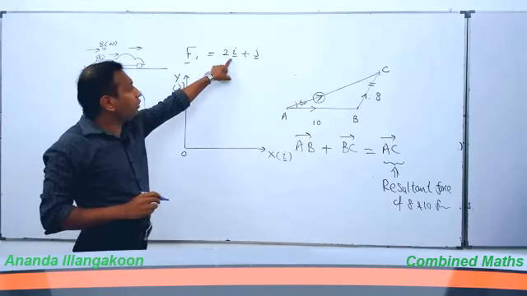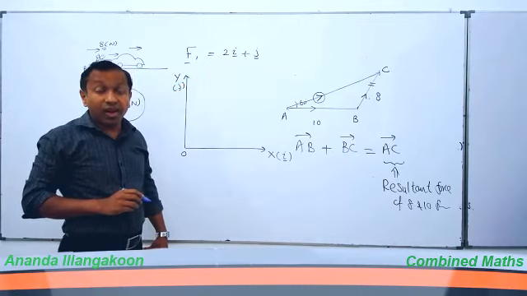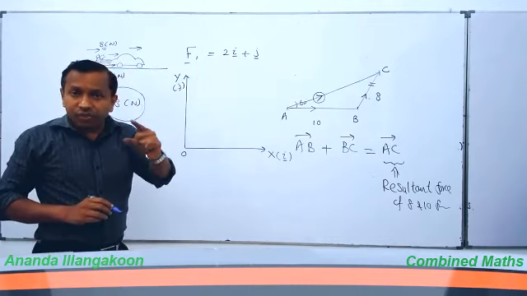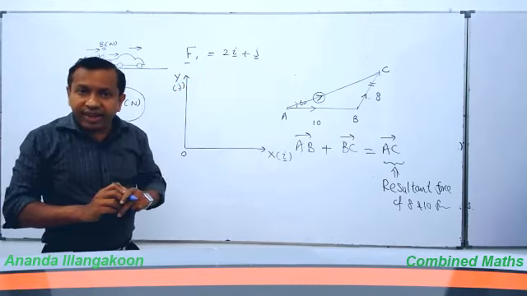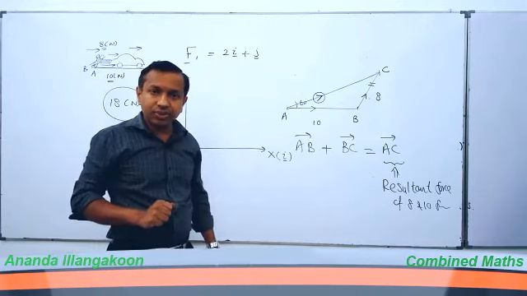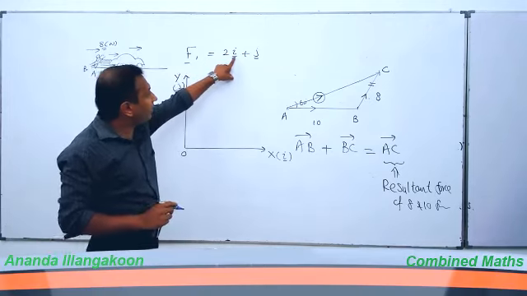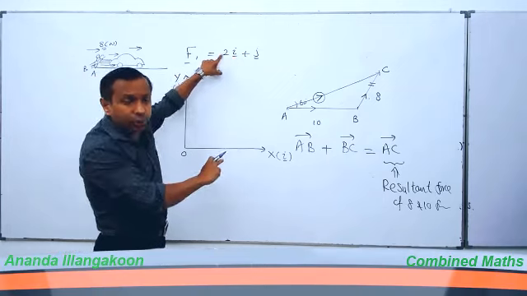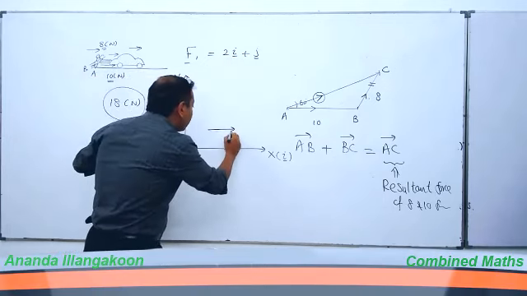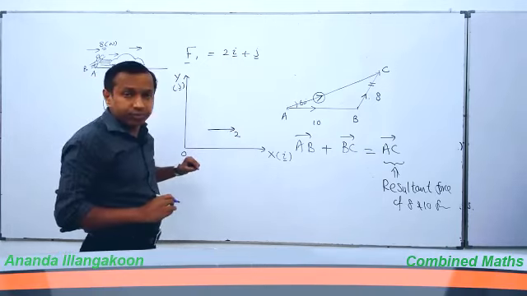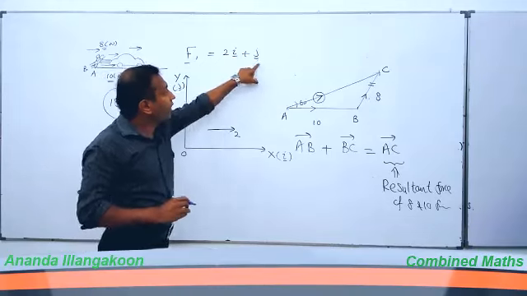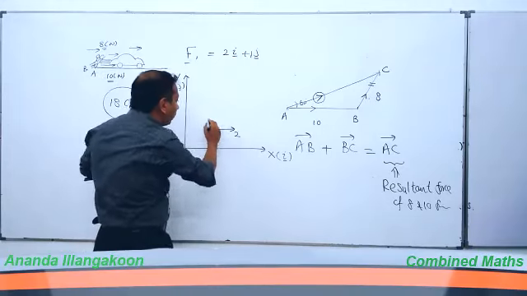Then the force 2i plus j, F1, has two components. One is in the direction of i, 2 units. The coefficient of j is 1, so in this direction 1.